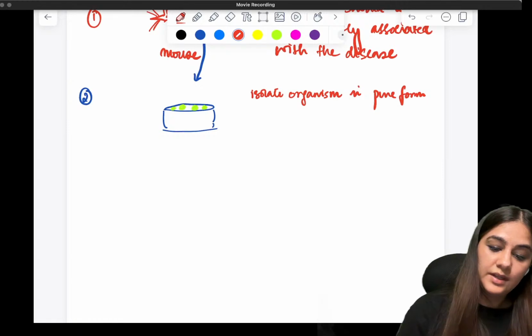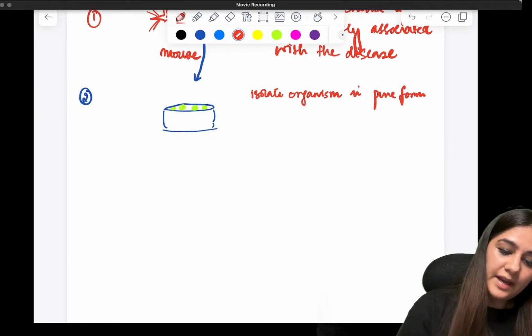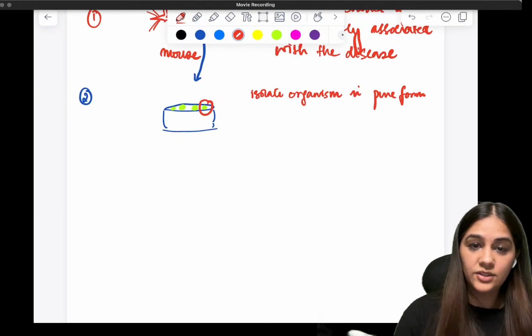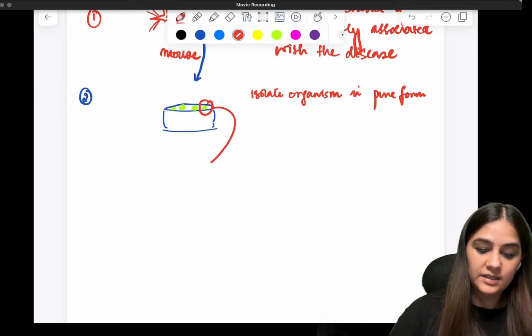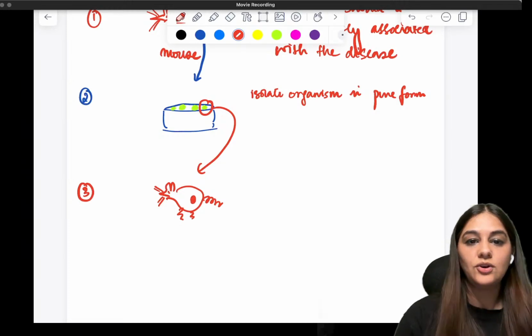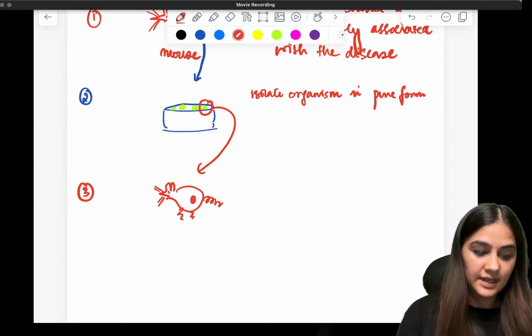Then what did he do? Then he said, if I take these colonies or this organism and I inject it in a mouse again, okay, drawing a mouse again, right? So if I take this organism and inject it in the mouse again, it should cause the same disease, right?